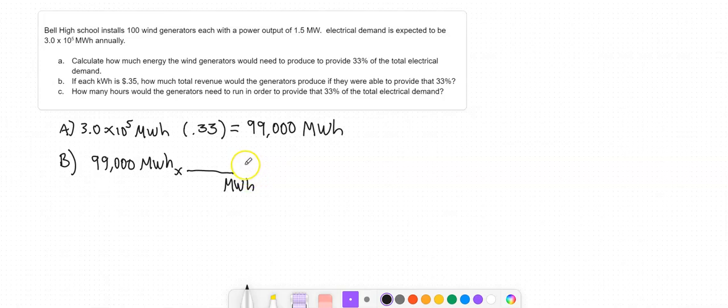If we have megawatt hours in the numerator here, we need megawatt hours down here. If you remember, our conversion factor is 1 megawatt is equal to 10 to the 6th watts. So we'll put that right here, 1 megawatt, 10 to the 6 watts. These will cancel. And let us now convert watts to kilowatts.